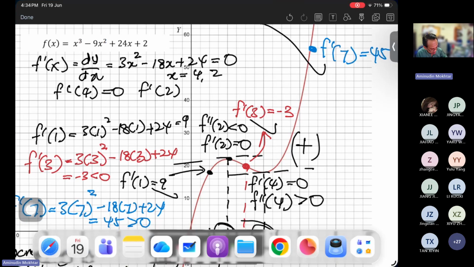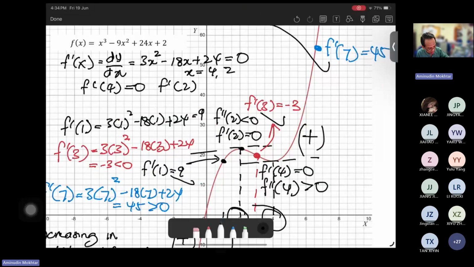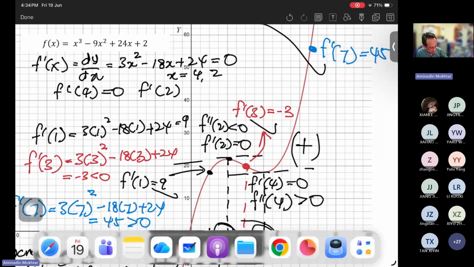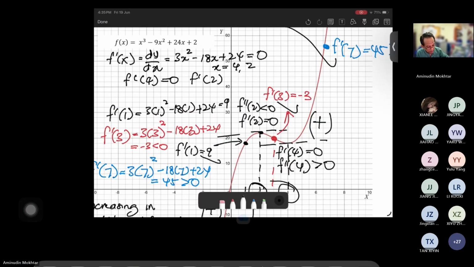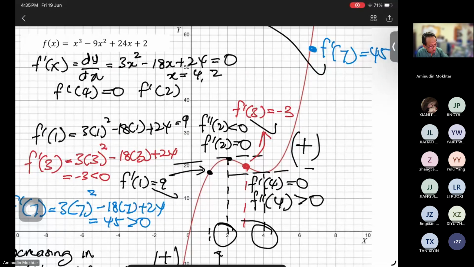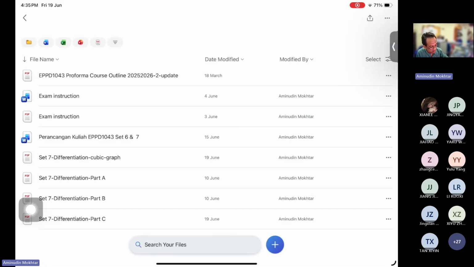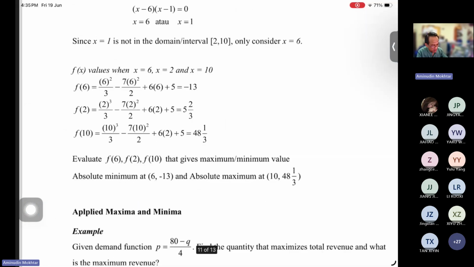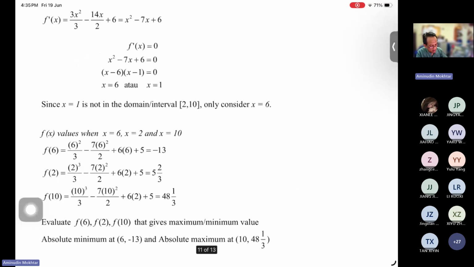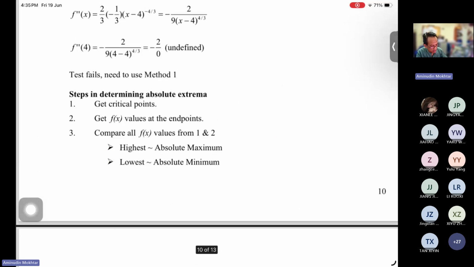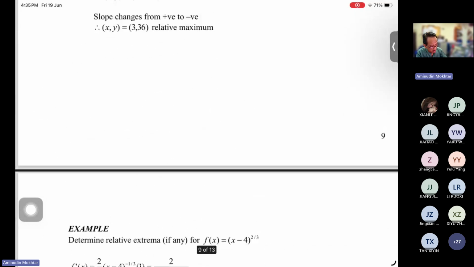Okay, that's about this example. So if you refer to my lecture note part C, there are a few examples here. I hope you can review the other examples.